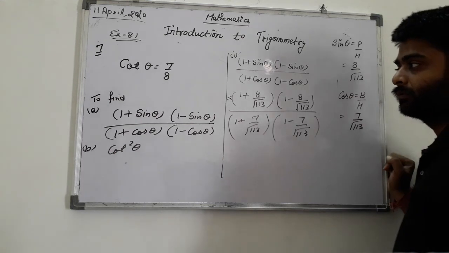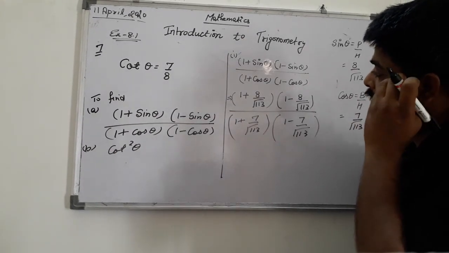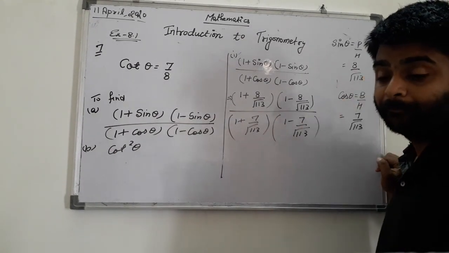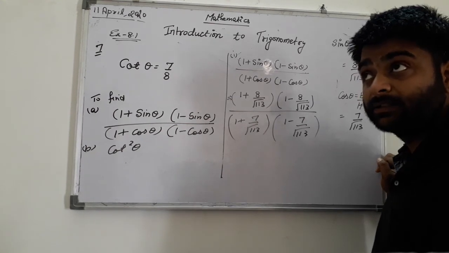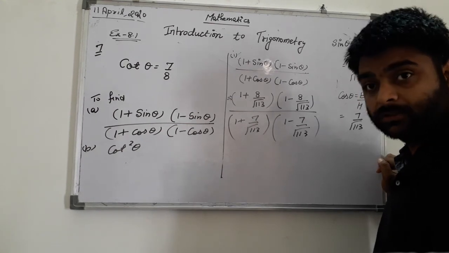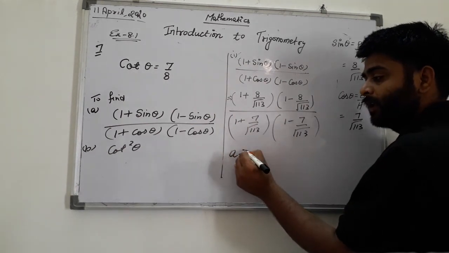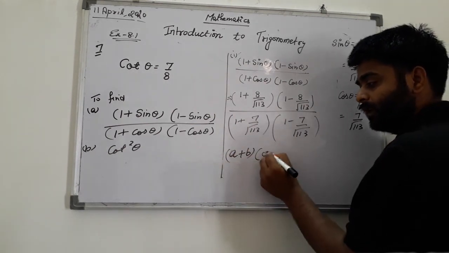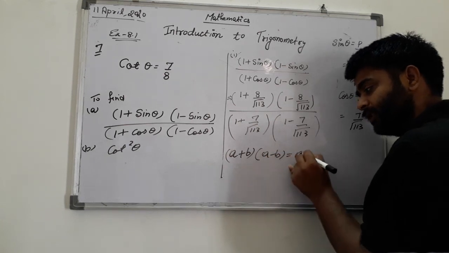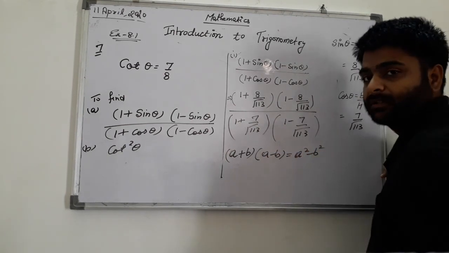Now class, look at here properly. In class 9th exercise 2.5 or 2.6, we have done the identity (A plus B)(A minus B) equals A square minus B square.